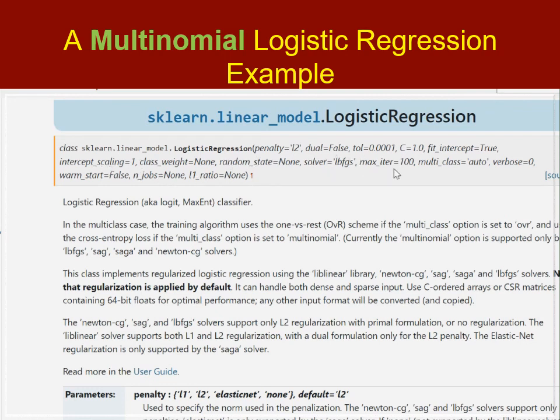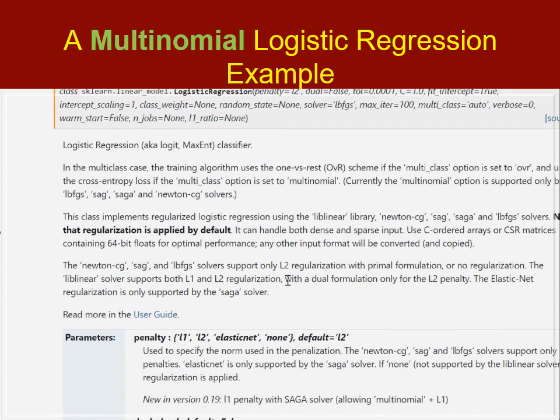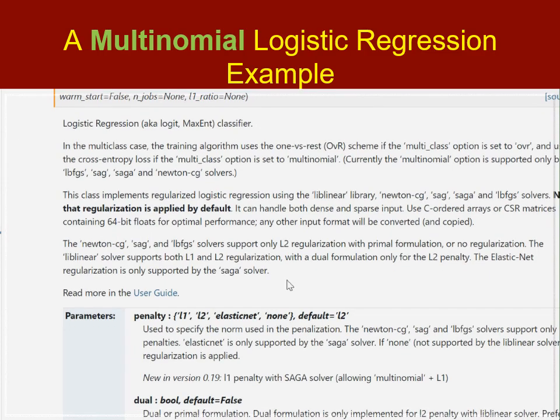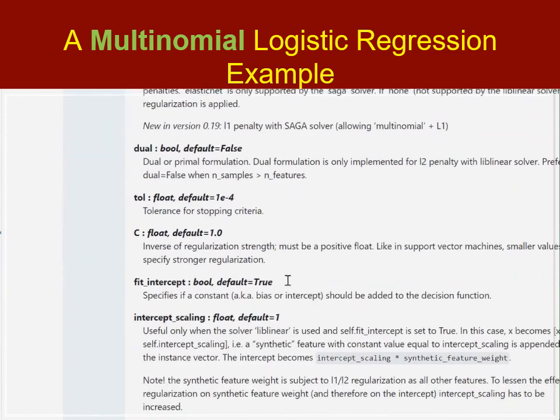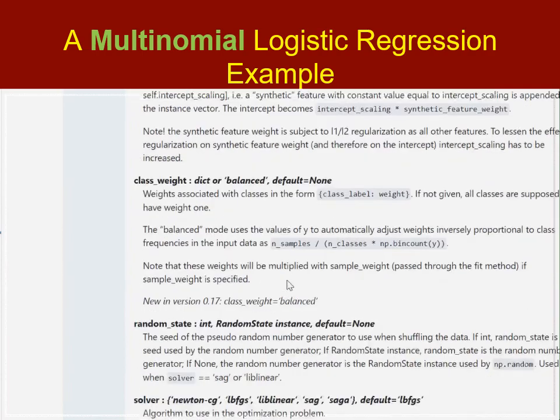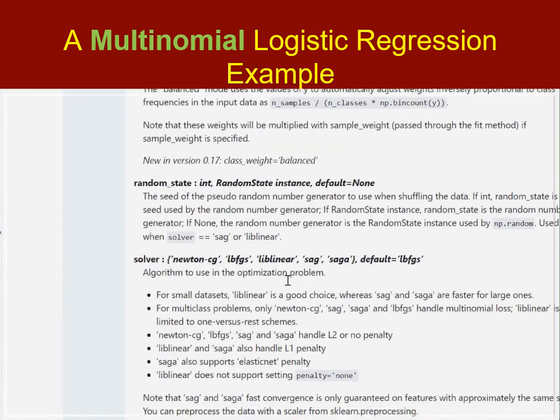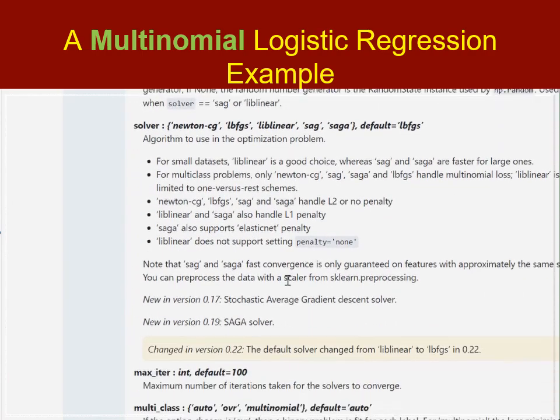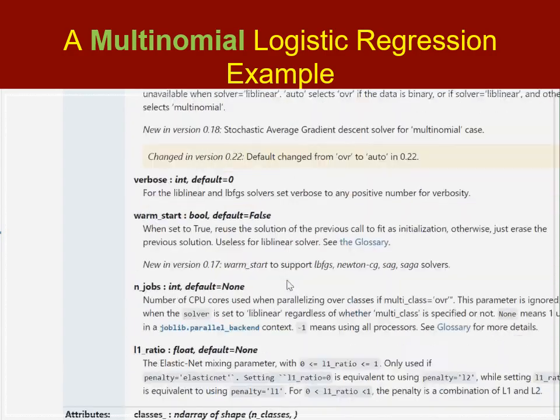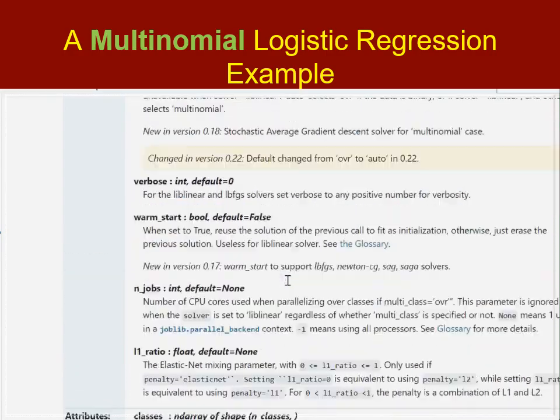The default is LBFGS, and the maximum iteration that you want to run. Multi-class auto, we talked about auto, we also used auto before, and as you see here, all the other parameters. And also you can see the discussion and description of these parameters at some length. So this is really a good source for you to use when you want to work on a problem.